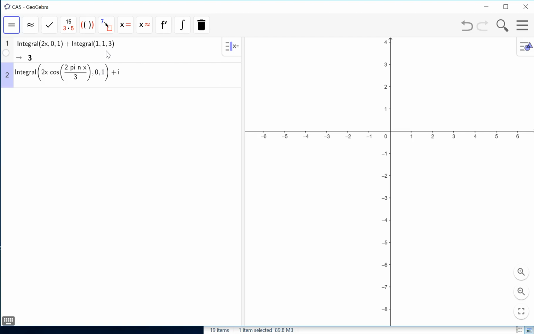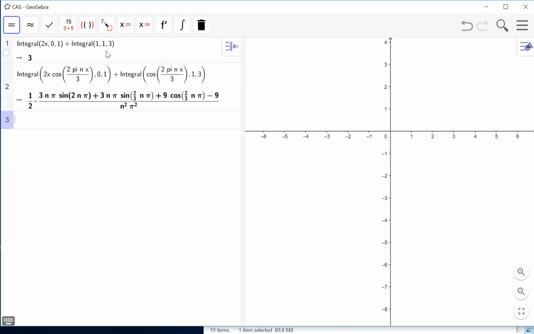And then I need to integrate just 2 times cosine of 2 pi nx over 3, and that is from 1 to 3. So that's what my command should look like when I enter it. We'll hit enter, and I get that particular formulation.